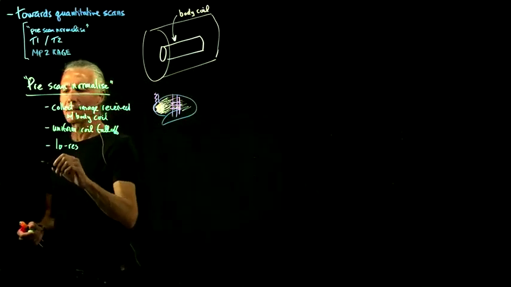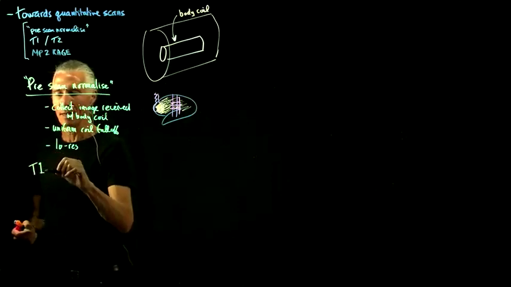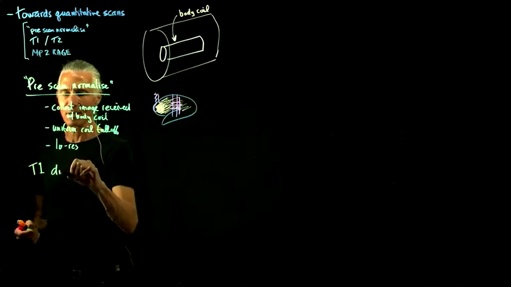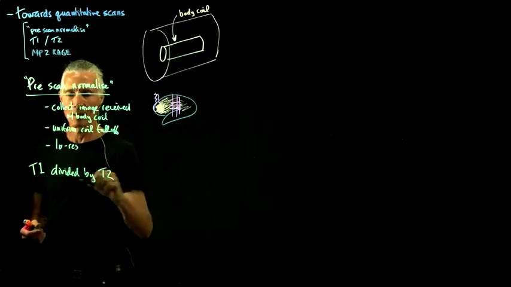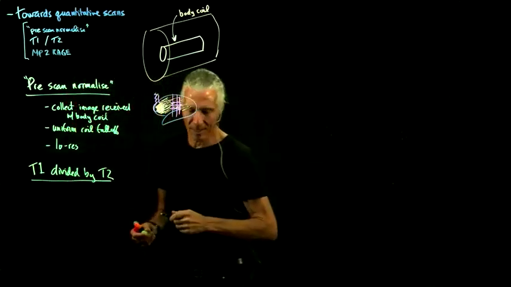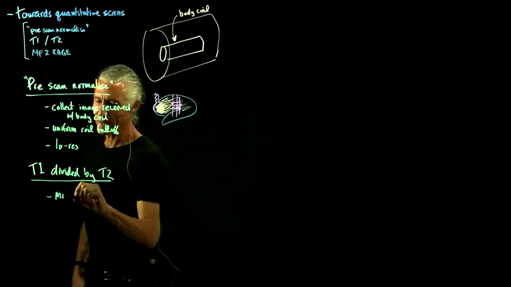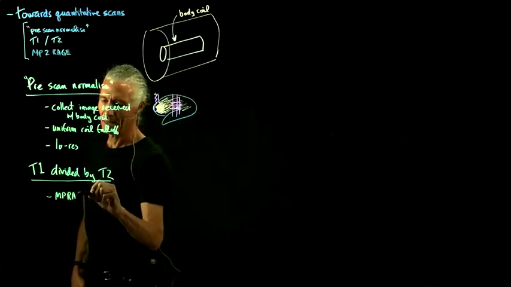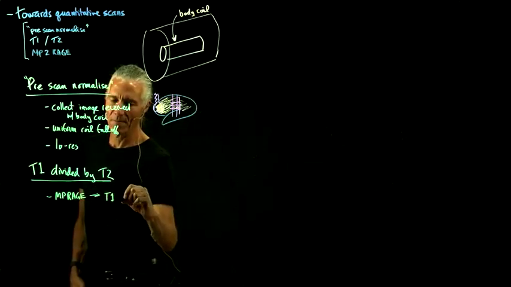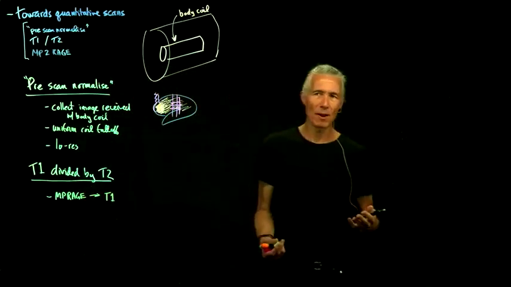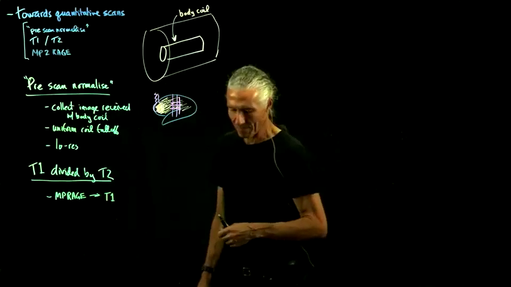Another way to do it, which has been heavily used in the Human Connectome Project, is T1 divided by T2. So if we take an MP RAGE, that's a T1 weighted image, and that's the one that we are typically using to distinguish gray and white matter, because there's a big T1 difference between gray and white matter.